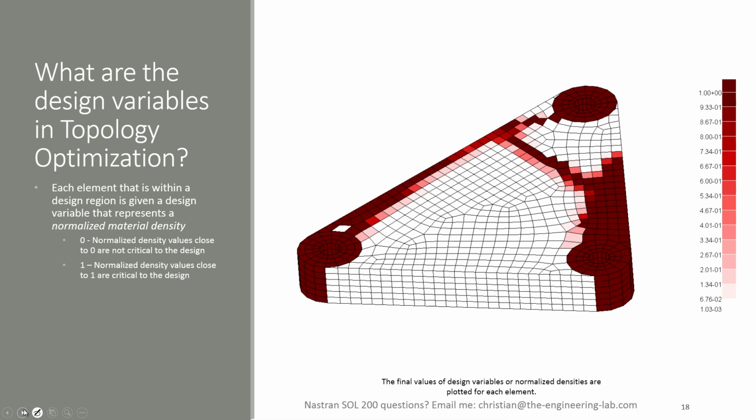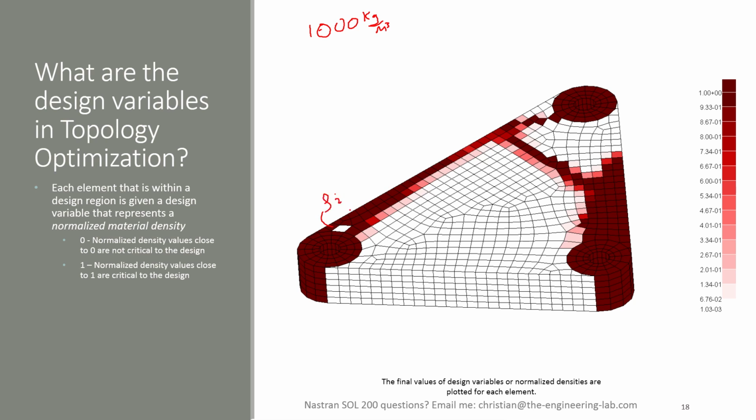The next question I get asked commonly: what are the design variables in topology optimization? Let's suppose this entire structure had one density, 1,000 kilograms per meter cubed. During topology optimization, each element will be given its own density.